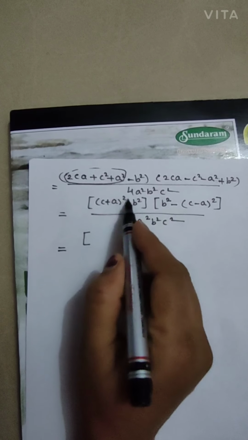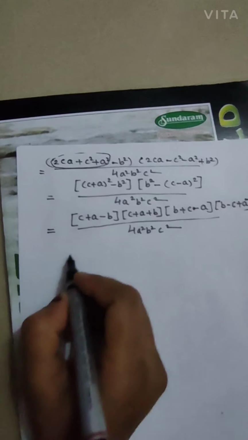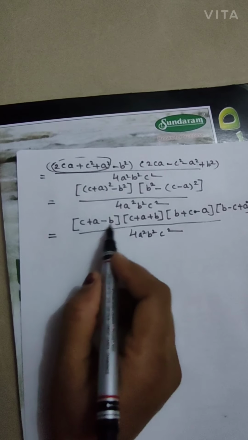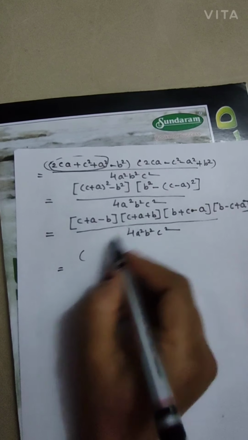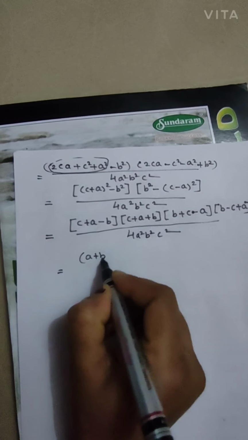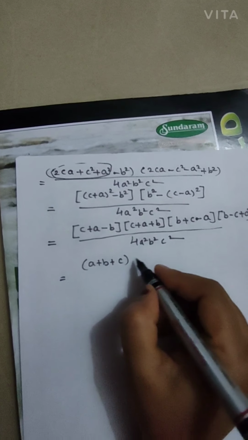This is again a square minus b square. So now if you observe this, you can rearrange this in the form of a plus b plus c, this is the second term.